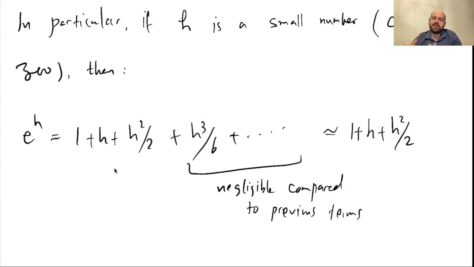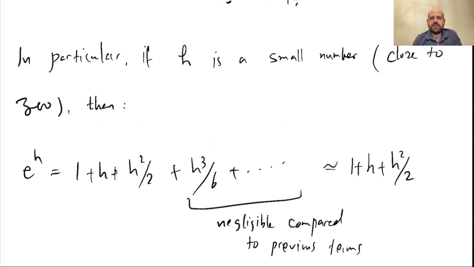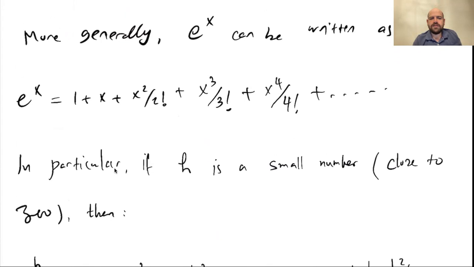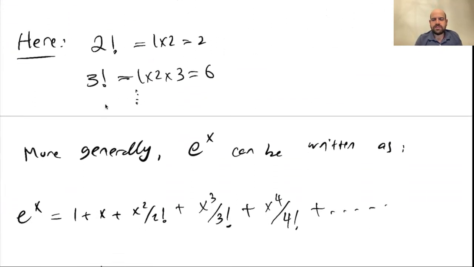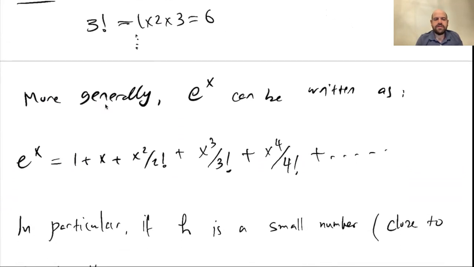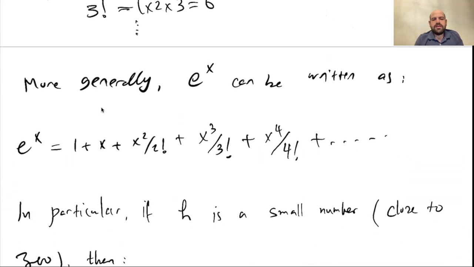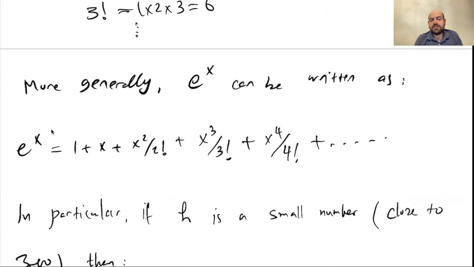So why is that true? Again, I don't want to go into the details of the proof. So here, I want you to accept a few things from me. One is the definition of e, or the equivalent definition of e. Then please accept that this definition can be generalized for e to the x this way.